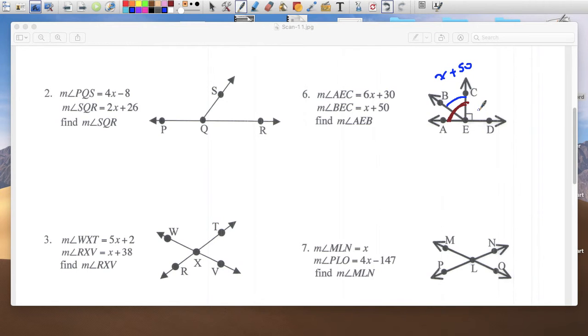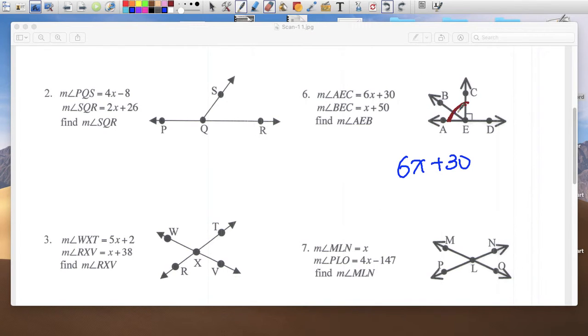To find this angle over here, AEB, what do we have to do? I know the whole thing, 6x plus 30, AEC. Let me ignore everything else right now and just focus on this.